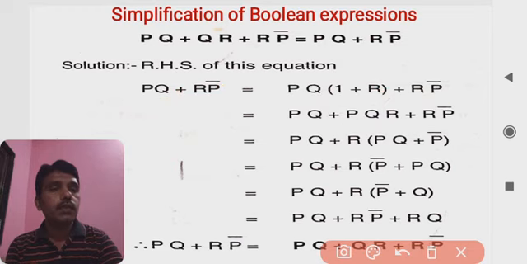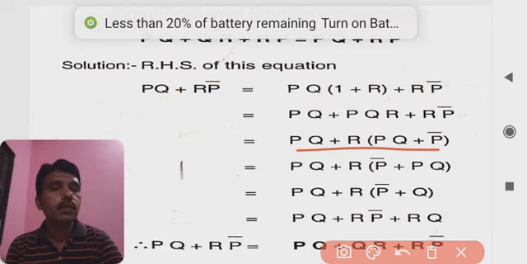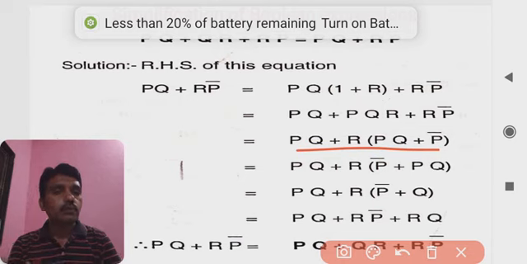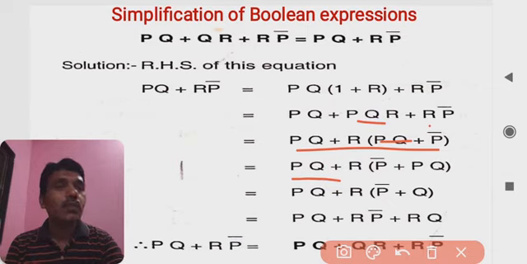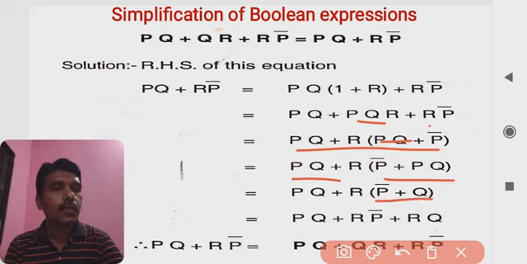Again in this case, r is taken as common in this part, and the remaining part will be pq from this pq, and this r, so pq plus r into p complement and pq. And we know the term p complement or p q is nothing but p complement or q.